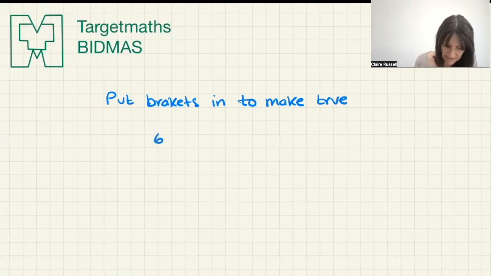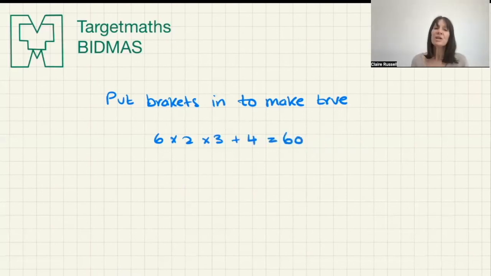We've been given 6 times 2 times 3 plus 4 equals 60. So they're telling us what they want it to equal. It currently doesn't work, and we need brackets in there somewhere to pull this whole thing together and make it equal 60.